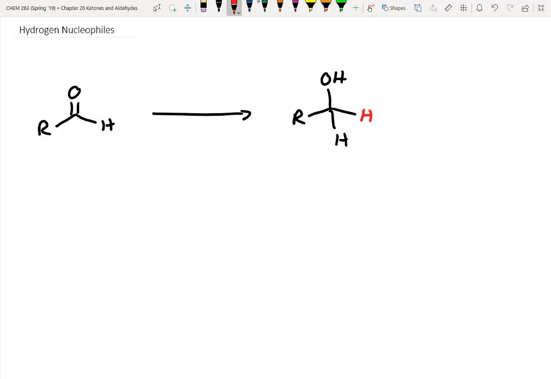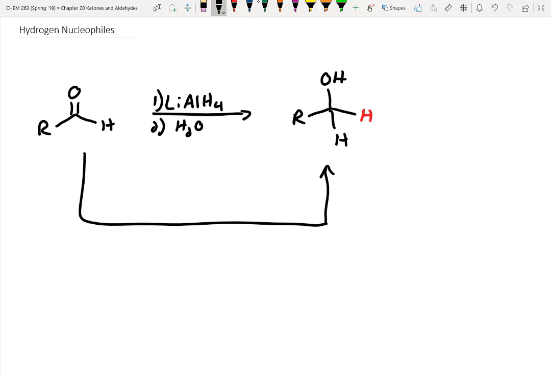How can I accomplish this? LAH? I'll just actually write it all out, LiAlH4, or what? Okay, so if you do this one, you would need water. Alternatively, you could do NaBH4 and something like methanol, and that would work really well.